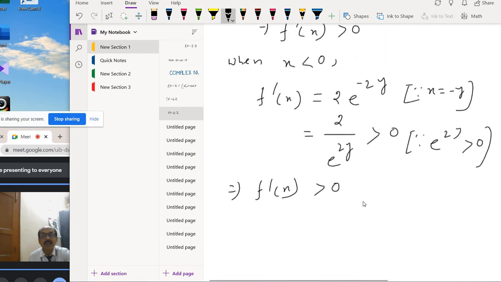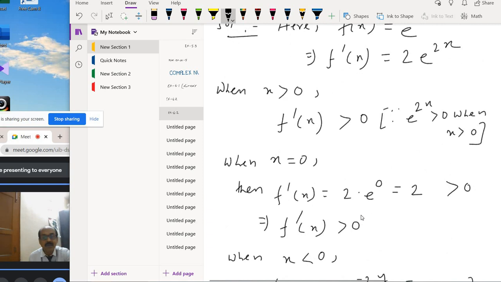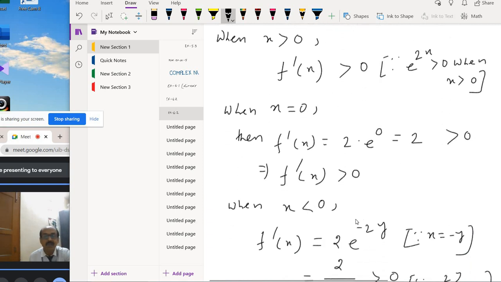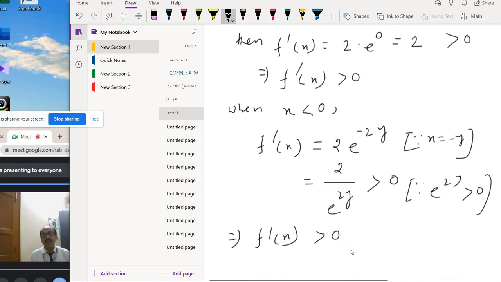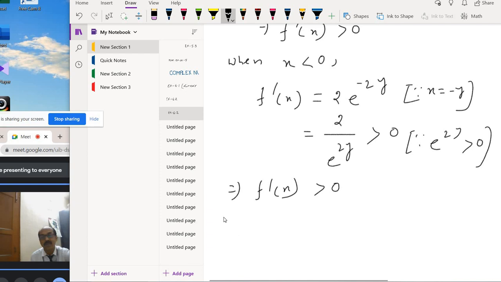Okay. So we see all the cases: when x greater than 0, x equal to 0 and x less than 0. In all the cases the first derivative, f dash x, is greater than 0, meaning positive. Okay, thus we can say f(x) is strictly increasing on R, any real number.